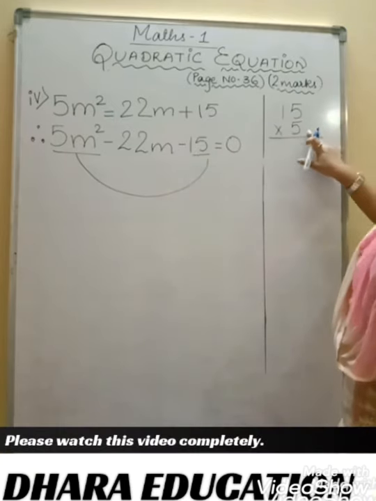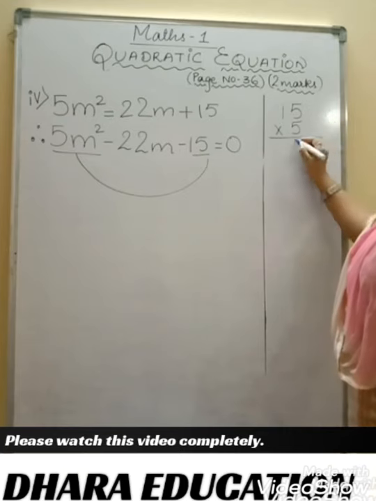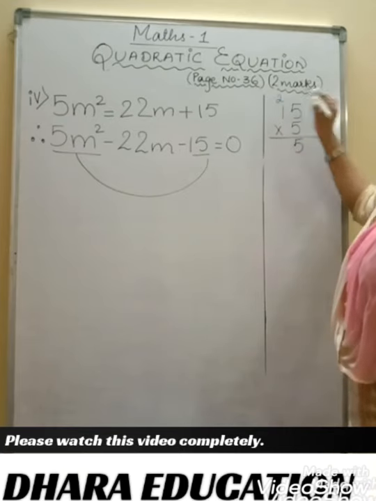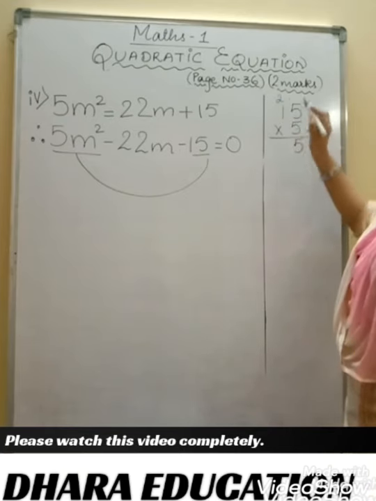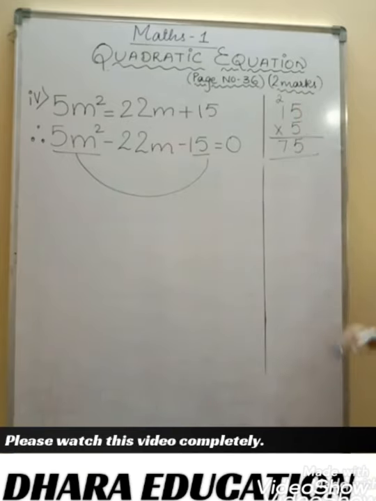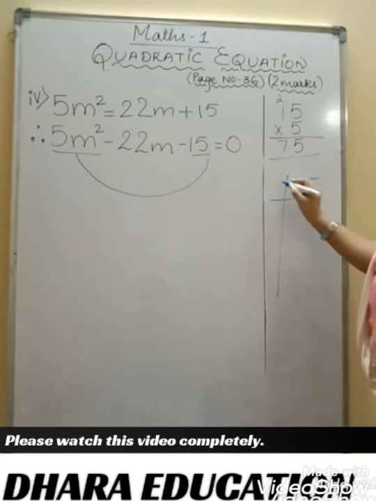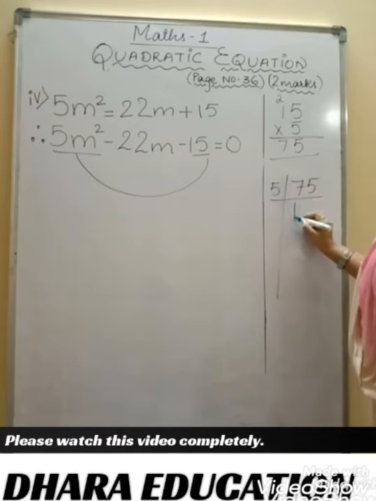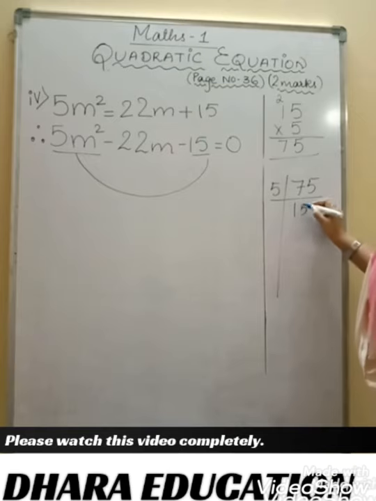That is 15 multiplied by 5. 5 5s are 25, 5 1s are 5 plus 2 gives you 75. Alright, so 75, we are going to take out the factors. As the ones place is 5, we have to take the 5 table only. 5 1s are 5, 5 5s are 25.